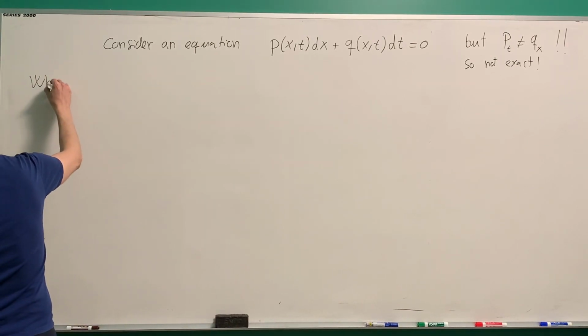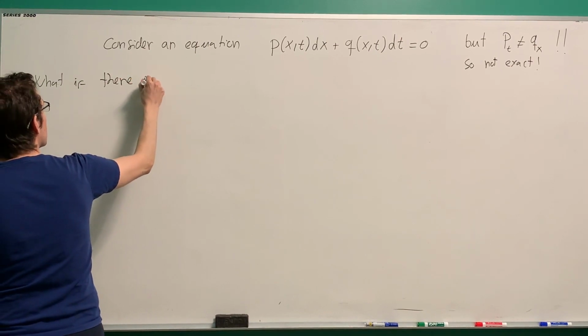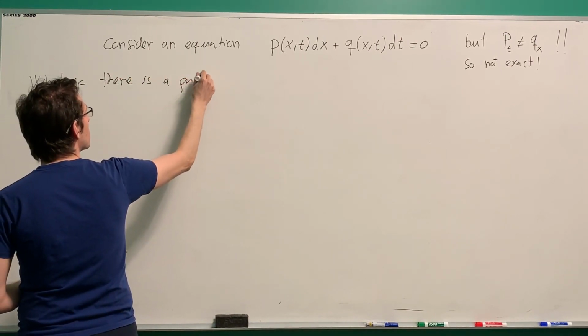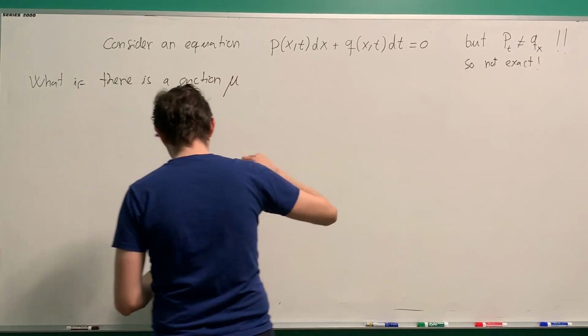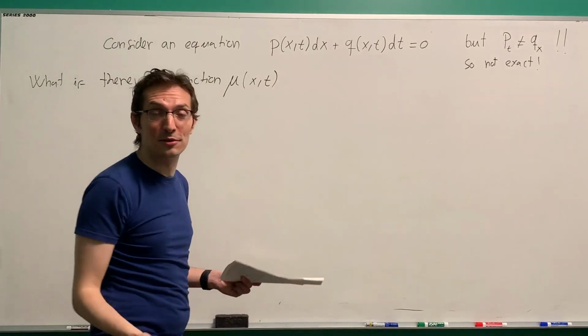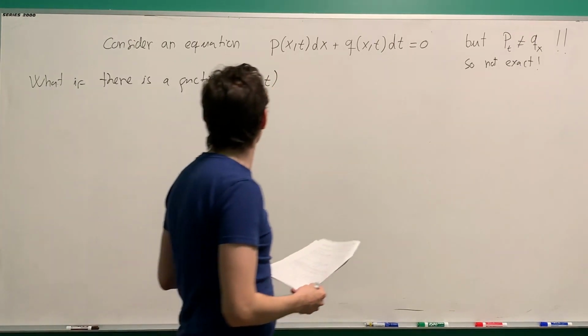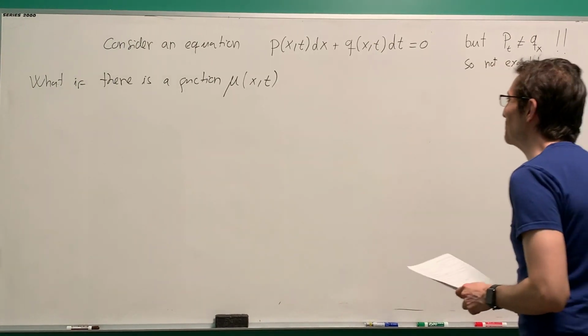What if there is a function, let me call it mu of x,t. Mu is a Greek letter, for those of you that haven't used mu a lot. It's the Greek letter mu, actually. We call it mu though.